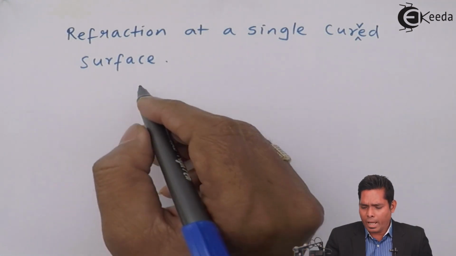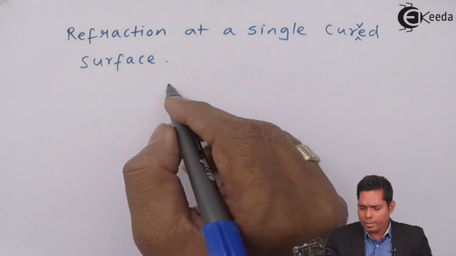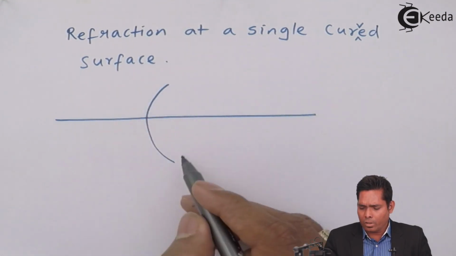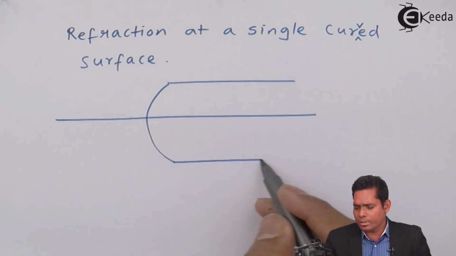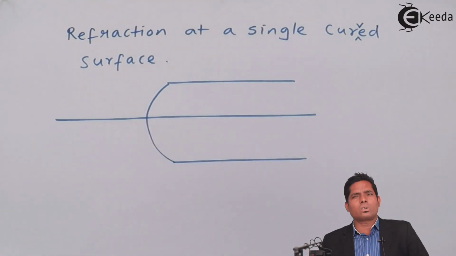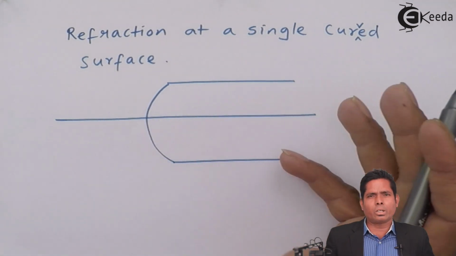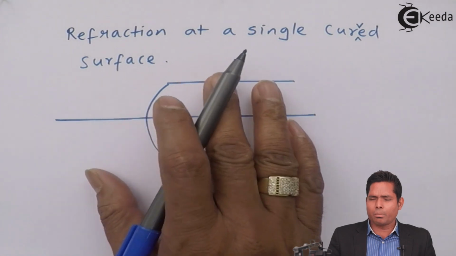We have a formula for a single curved surface. If we have a curved surface like this, whether it is convex or concave, that formula is still valid. You can prove it on your own, but this formula you have to use.